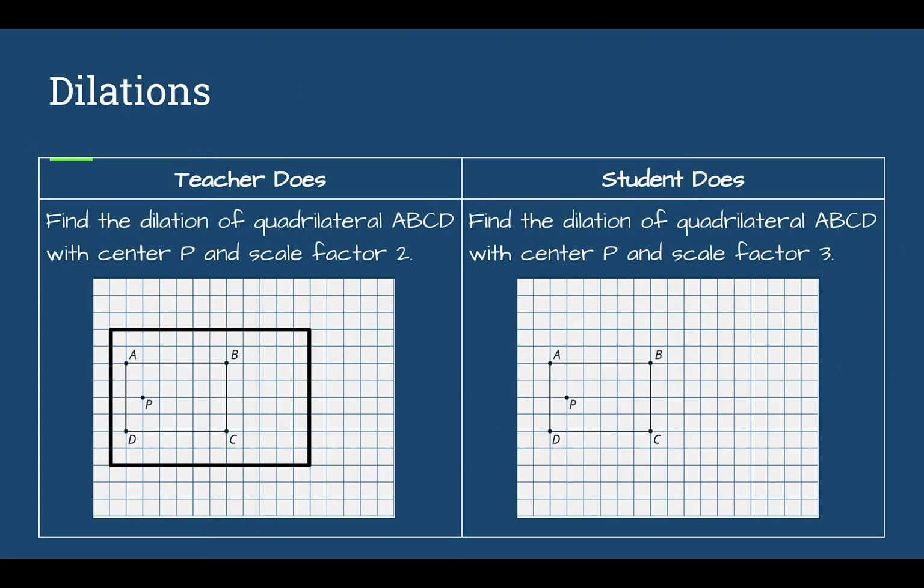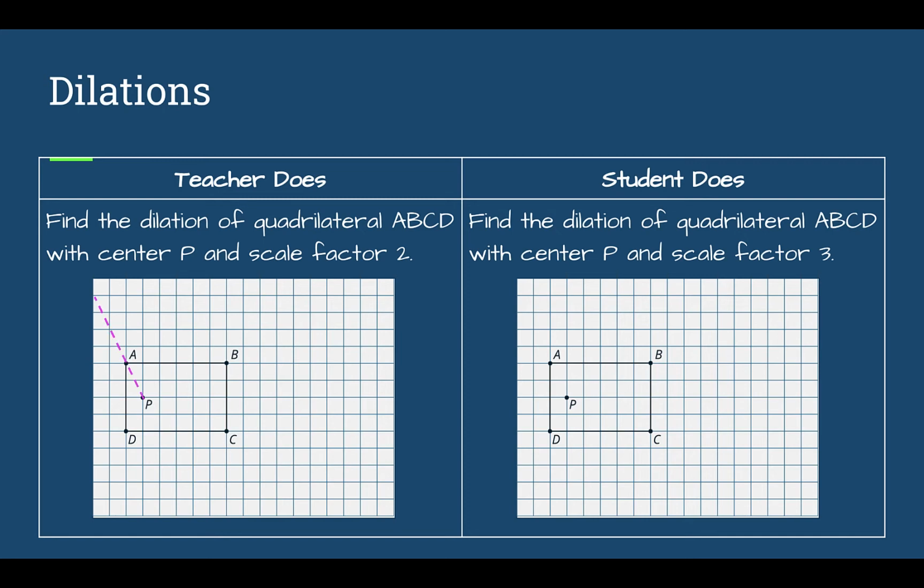Let's look at some examples of how this works. Find the dilation of a quadrilateral ABCD with center P and a scale factor of 2. So what this means is we're going to use P and everything is going to be expanded out from that. So to do this, you are going to lightly draw a line from P through each vertex or corner of the shape.